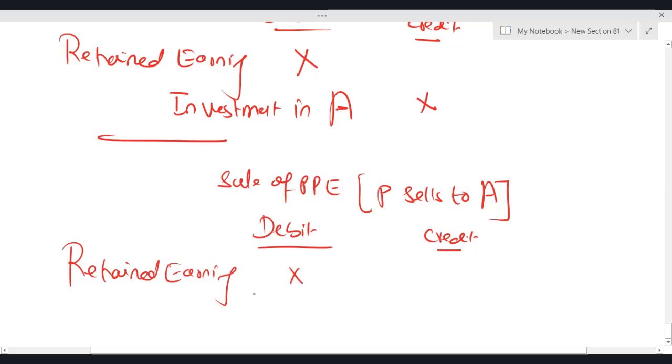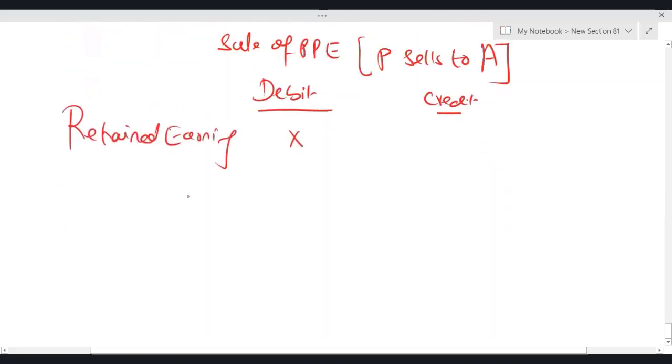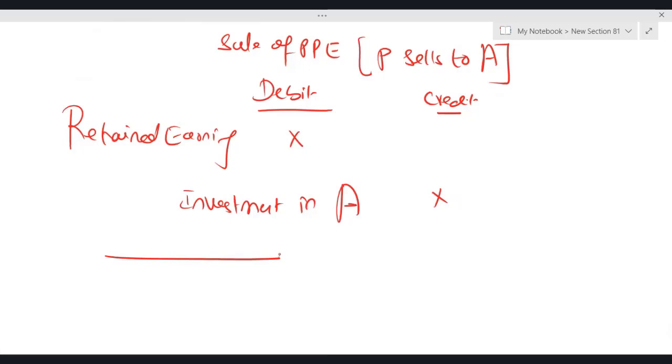We'll debit the retained earnings. Credit will always be investment in associate. Now, either associate sells to parent or parent sells to associate, I hope this simple approach is clear to everyone. Yes or no? Just debit the retained earnings, credit the investment in associate.